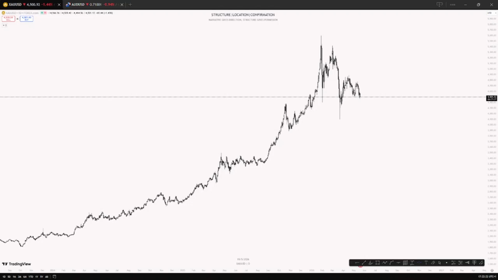Order flow is the study of that activity. At any moment in the market there are two things happening: buy orders and sell orders, that is demand and supply. Demand pushes price up, and sell orders, which is supply, push price down. Order flow is basically tracking this battle in real time.